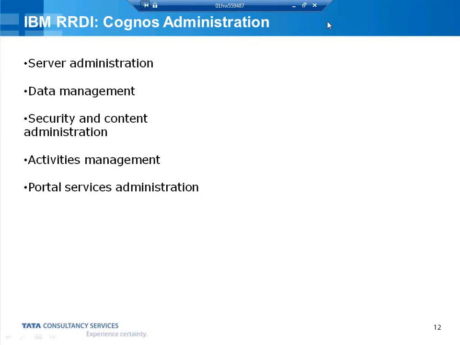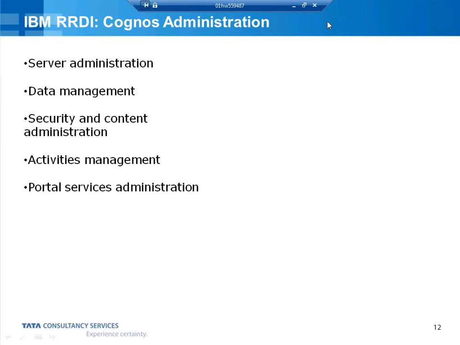So we have seen that. We have also seen a little insight on what exactly RRDI is about and the components within it. So we have actually listed 4 components: the IBM Cognos Connection, the Query Studio, the Report Studio, and Cognos Administration.